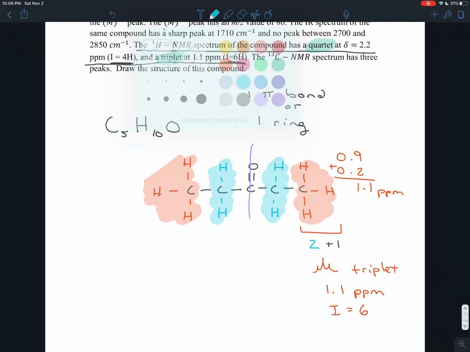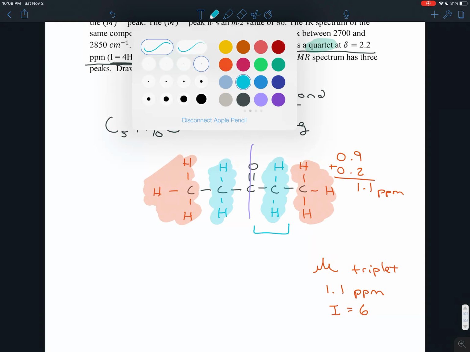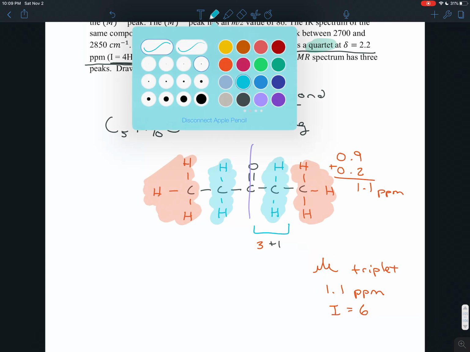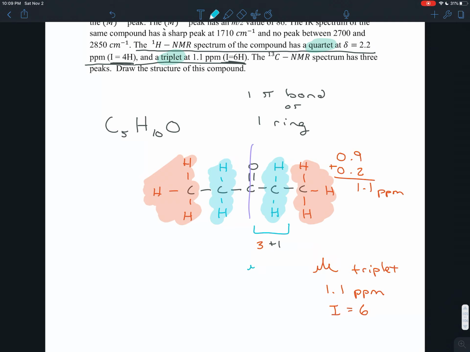Okay, now if we think about the carbons next door, those have no carbons to the left and have 3 carbons to the right. And so they're going to split, using the n+1 rule, 3 carbons next door plus 1, into a quartet. You'd have a quartet.